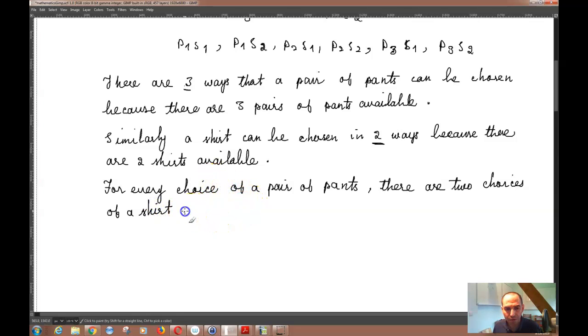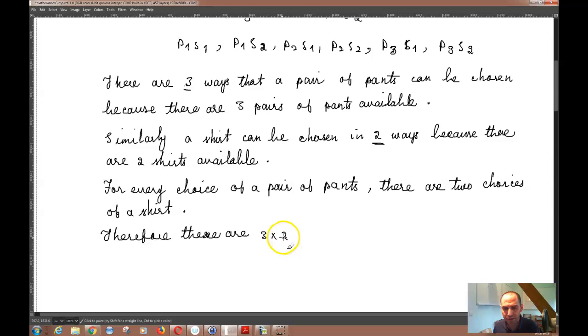Therefore there are 3 times 2. So here we said that for every choice of a pant, there are 2 choices of a shirt, and we have basically 3 pairs of pants.